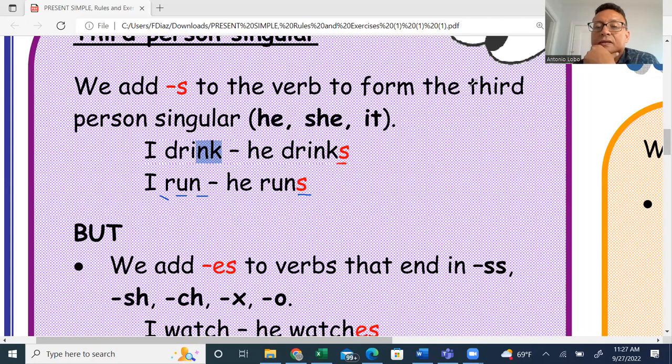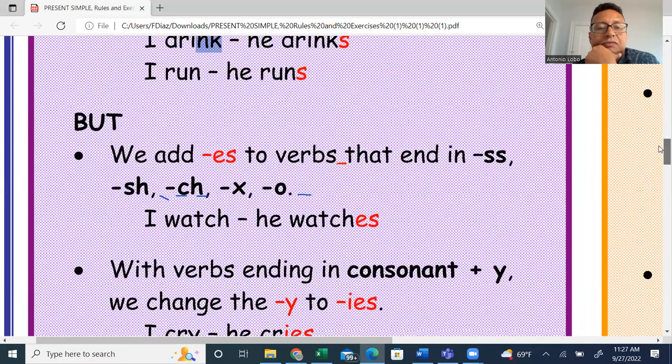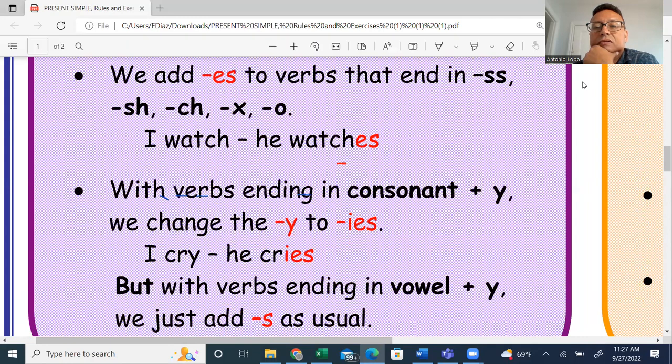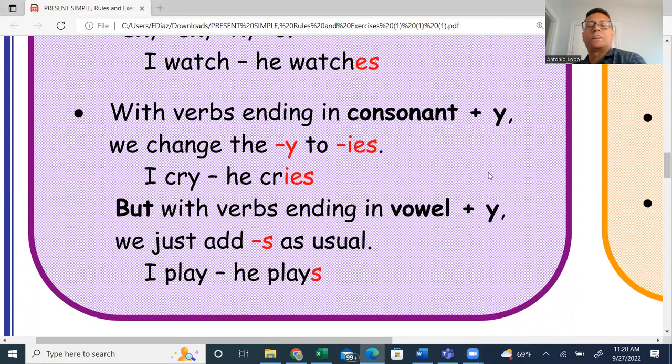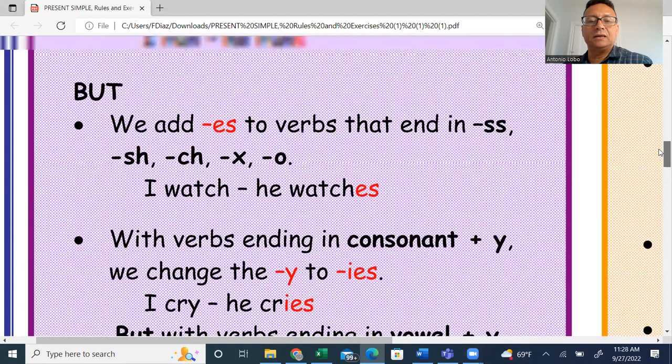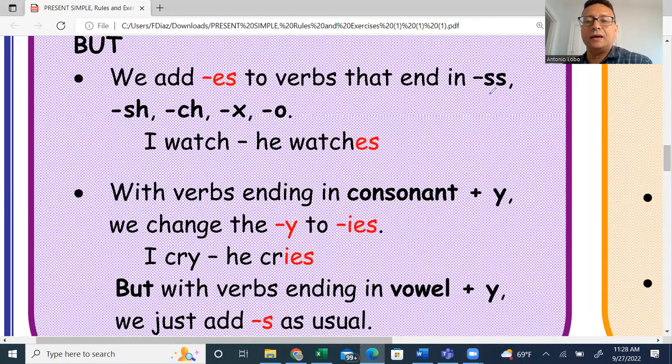But when the verb finishes with SS, SH, CH, X, and O, I put ES in front of it.